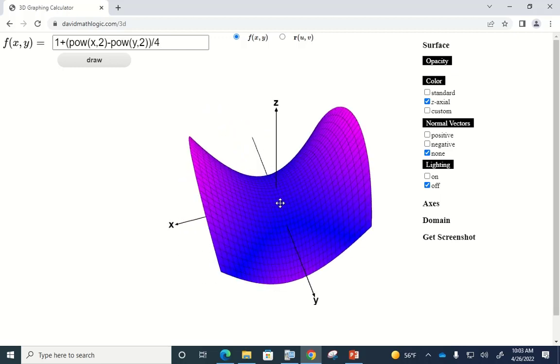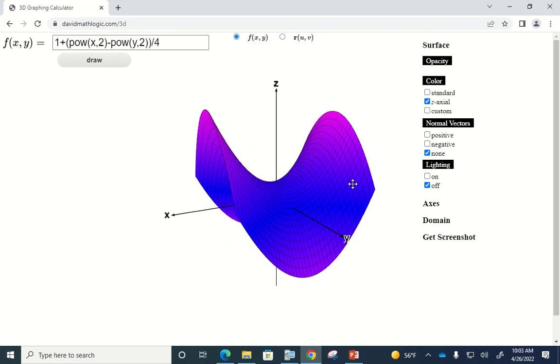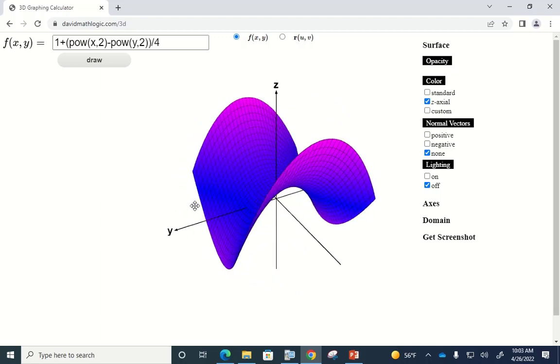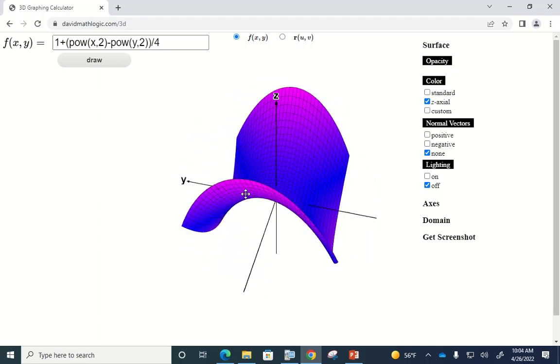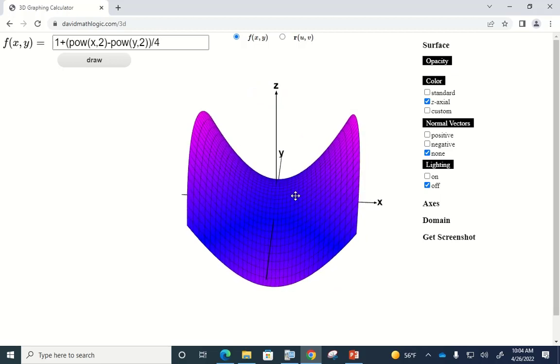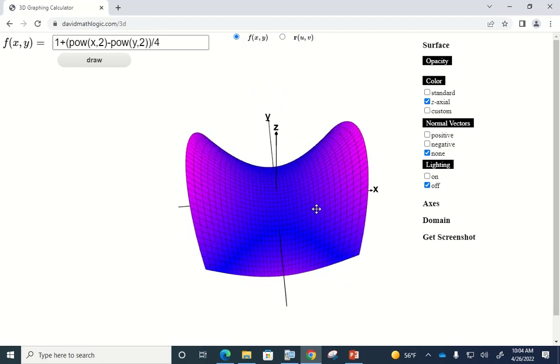The deal with the partial derivatives is you have to specify: am I talking about the direction parallel to the x-axis, or the direction parallel to the y-axis? That's what it means to take the partial derivative with respect to x or y. I'm talking about how steep the surface is in the direction parallel to one of my x or y axes.